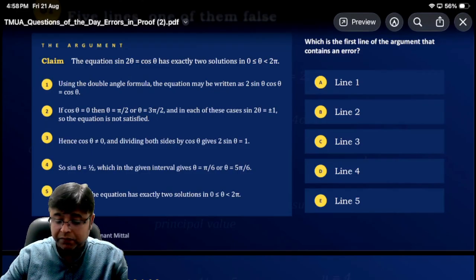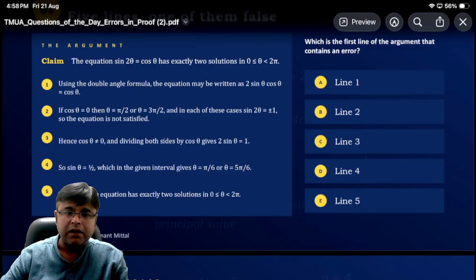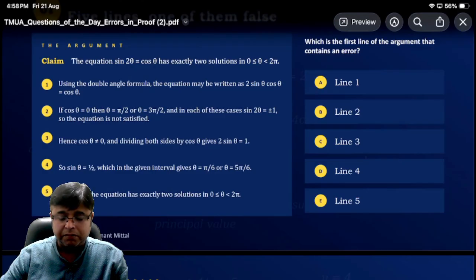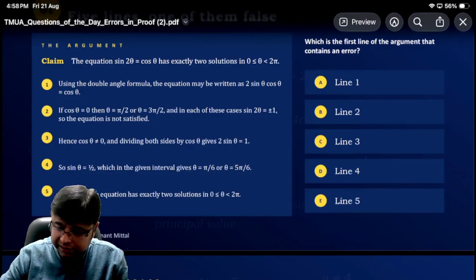If I put theta as pi by 2, it becomes sine pi, and sine pi is 0. Sine pi by 2 is 1, and sine 3 pi by 2 is minus 1. But if I put the value of theta as pi by 2 or 3 pi by 2 in sine 2 theta, it's going to give me the value 0, right? So I think the error lies here.